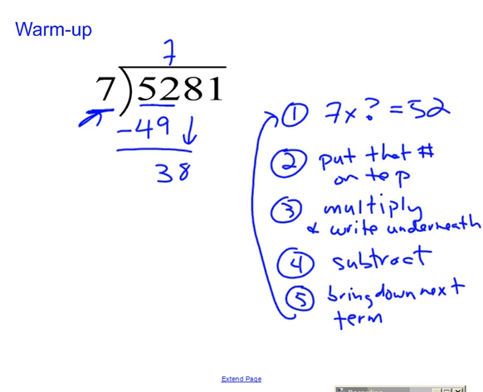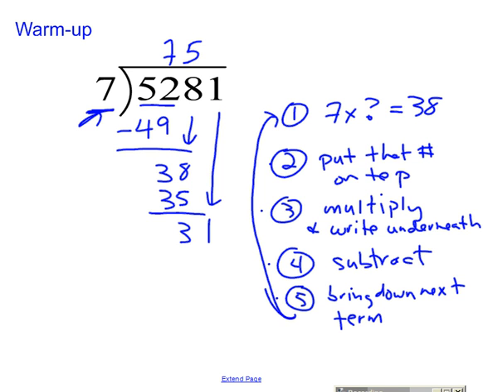Only in this case, now I want to know 7 times what equals 38. And I think in my head, well, that's going to be 5. And 7 times 5, because that's my next step. So I put that number on top, multiply, and write it underneath. There's my 35. Next step, subtract. Well, I get 3 again. And then bring down the next term.